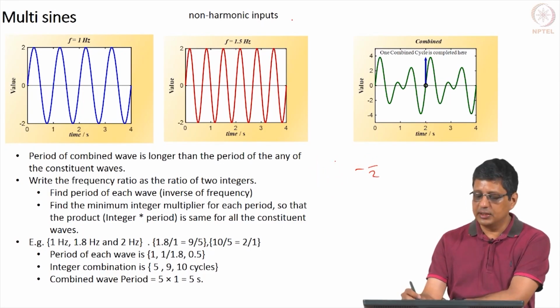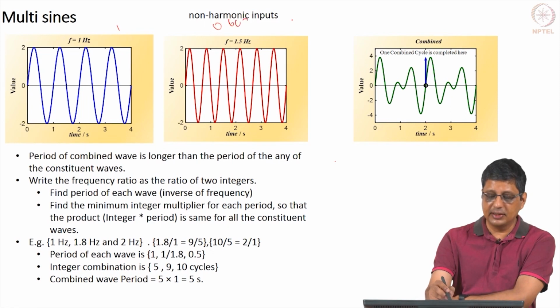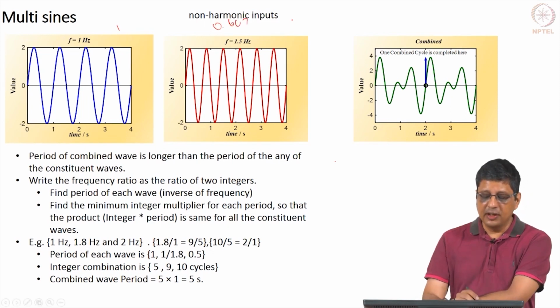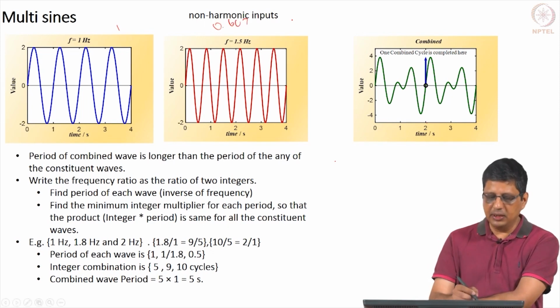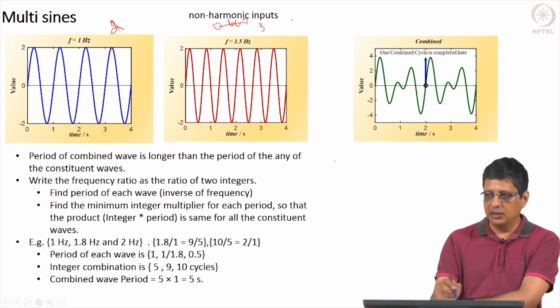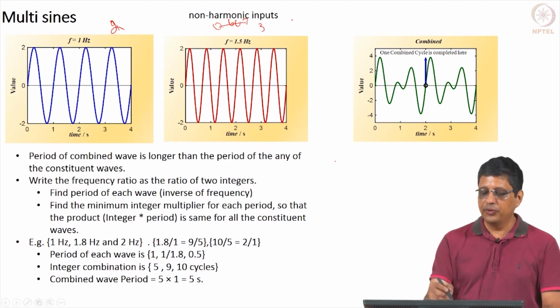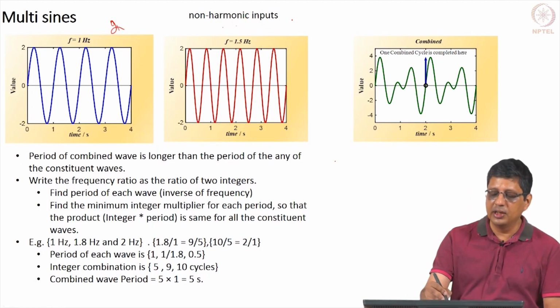Same procedure is described slightly differently here. Find the period of each wave, you have 1 second here, you have 0.667 seconds here. Find the minimum integer multiple, that is I need to multiply this by 2, this by 3, then the value 1 into 2 gives me 2, 3 divided by 1.5 gives me 2.